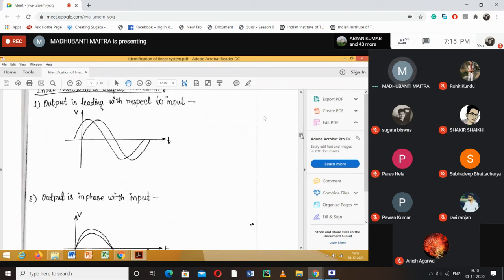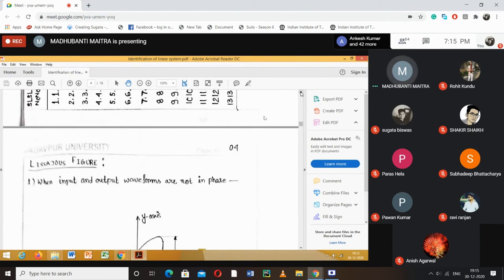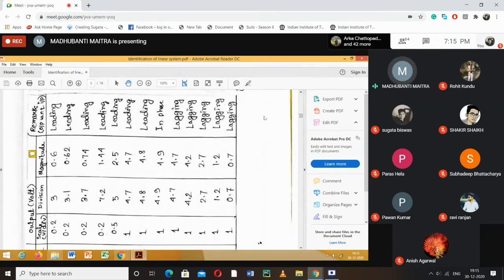Again, we'll adjust the sweep rate, that means the horizontal scale, properly. If the time base is turned on, then on the oscilloscope we'll be able to see both the signals. In this particular case, the output is leading the input.